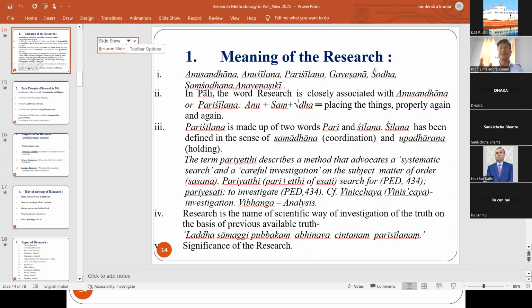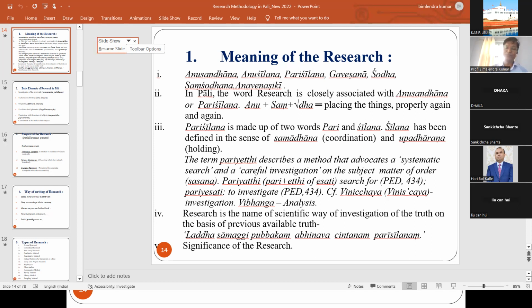So research is also in the sense of making analysis in a different manner by way of divisions, vibhajana atthena vibhangam. So research can also be understood as analyzing the teachings of the Buddha in a different manner or by making further divisions in a proper manner.